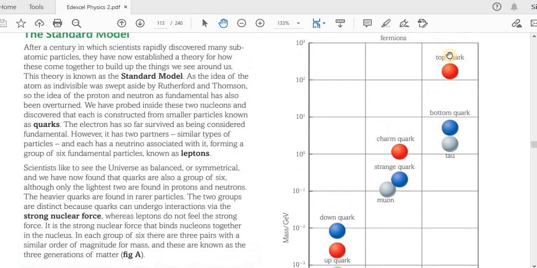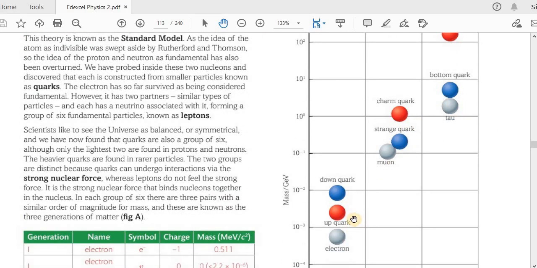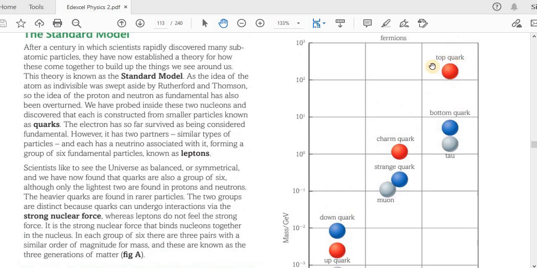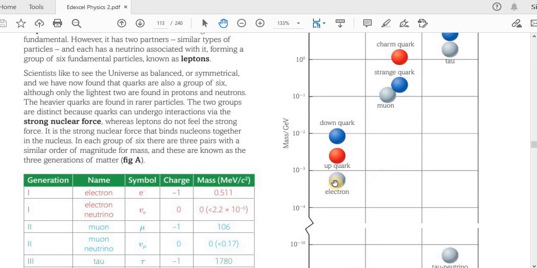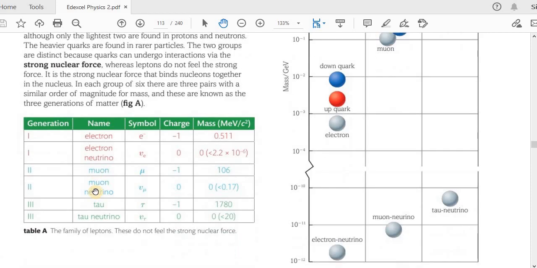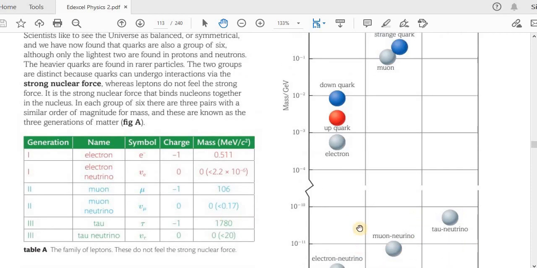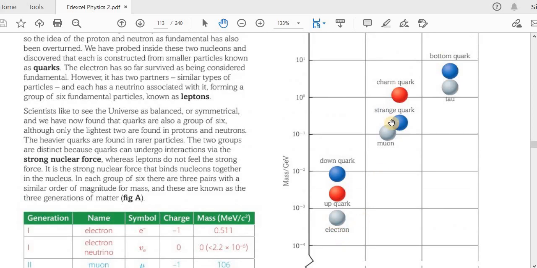Then you can see top quark, charm quark, up quark. Now see, they are using the same color here, top, charm, up, meaning something like positive, right? So you can think of it. Then down, strange, bottom, blue color. Okay, then we also have what? The leptons. The leptons are shown in gray or silver here. We have the electron, muon, and tau.